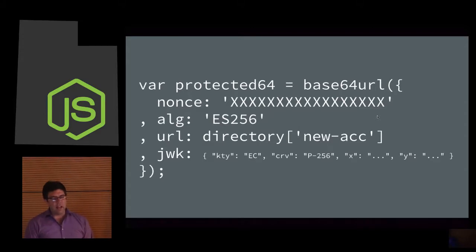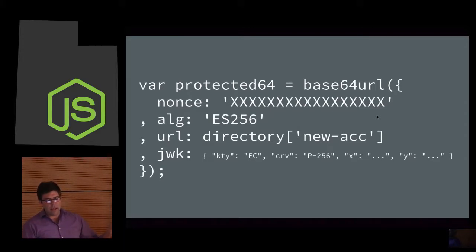So if at any point in the chain there's a security leak and someone is able to get access to your data, they can't do a replay attack. They can't even take the data and send it to the wrong URL. They're really paranoid about that, and I guess that's good.